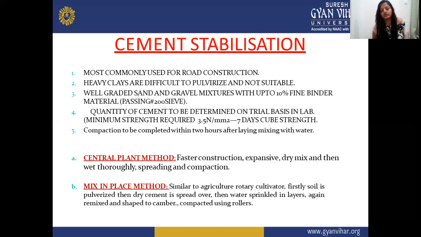It is directly done by the manpower or skilled labor that we have. So people are employed, or some small devices or equipment are used to pulverize the soil. But with the central plant method, thorough mixing can be achieved. With the mix in place method, we cannot achieve thorough mixing, but approximate mixing can be achieved, and water is sprinkled in layers.